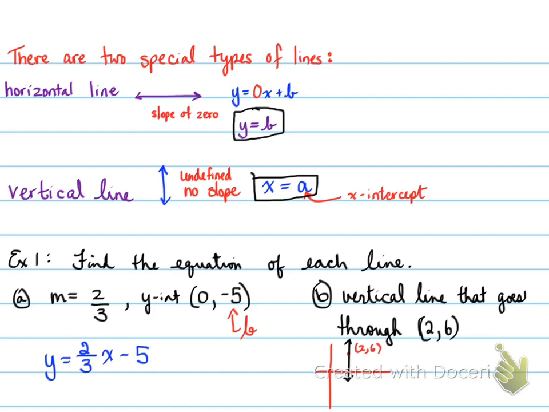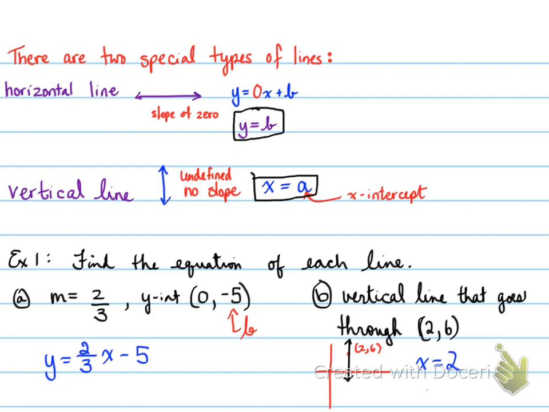That line going through (2, 6) means that it goes through x at 2. Because it goes through x at 2, we can state the following, that a vertical line that goes through (2, 6) has the equation x equals. What number is it always equal? Well, x always equals 2 in this example. So for part B, the final equation is x equals 2.